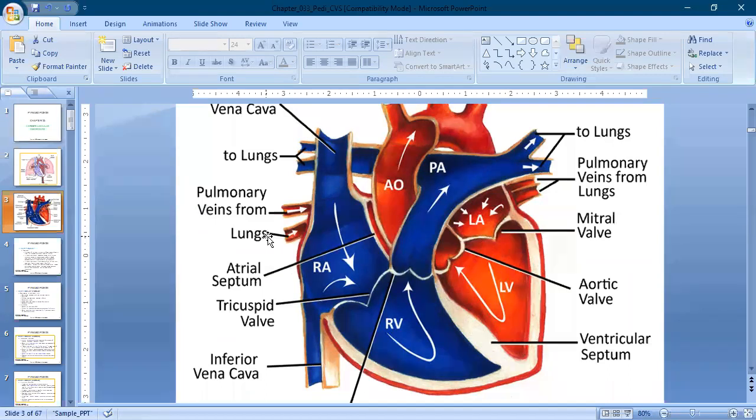So if I divide it up and down by a horizontal line, it should be two atria on the top and two ventricles at the bottom.